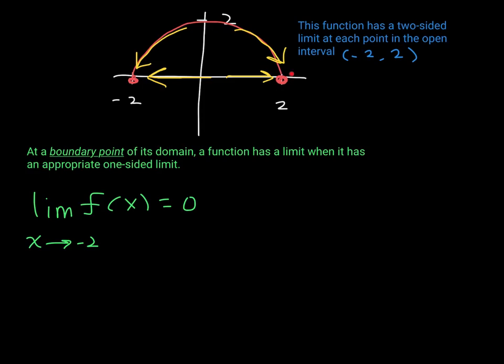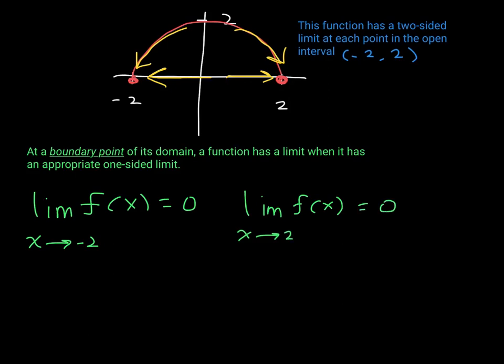Likewise, 2 is a boundary point. It's not an interior point. It is a boundary point. And because this boundary point does have a one-sided limit, it has a left-hand limit, right? We can say that the limit of our function as x approaches 2 exists, and it is equal to 0.